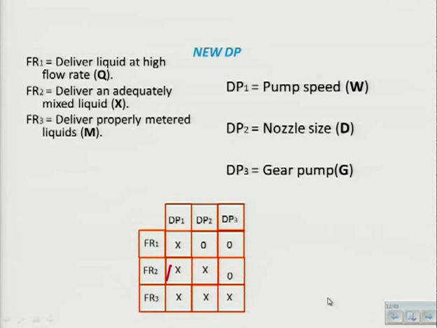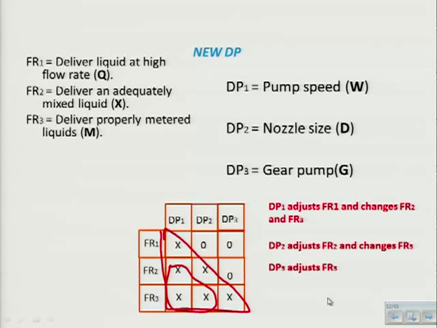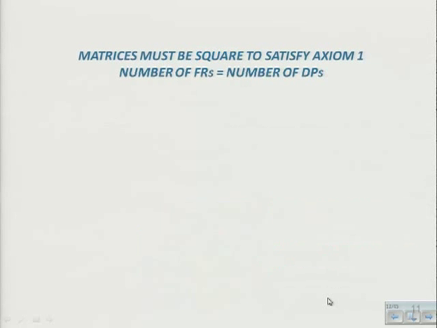And so these are undesirable. This makes this a coupled matrix, but when we put it in this way, it is now decoupled because it is a lower triangular matrix, and that is manageable. All right, so there's some text to what I was just saying, and how the DPs, DP1 and DP2, are changing more than one FR.